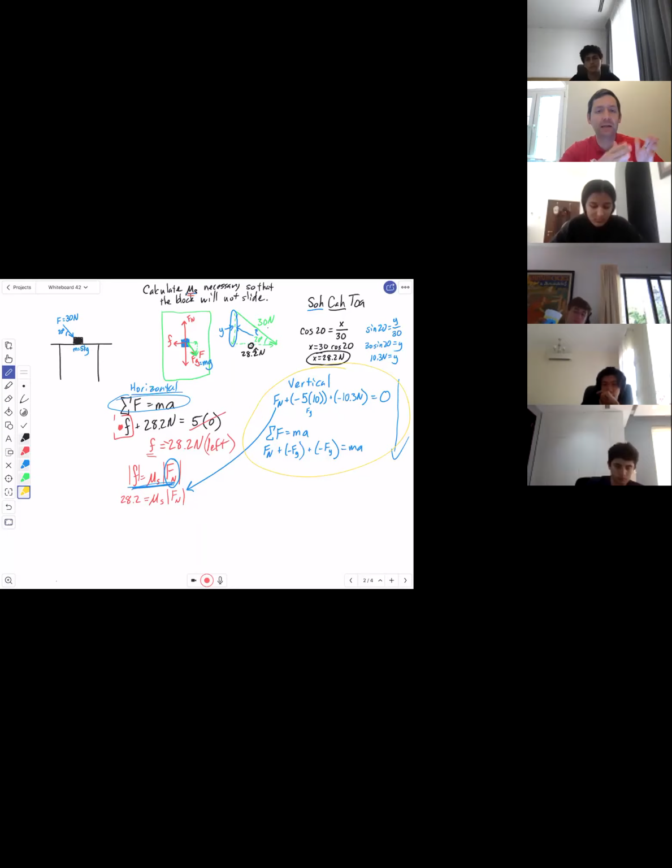And if you do it one step at a time, then it's not as overwhelming as from the beginning saying, oh my gosh, I got to do all this stuff. On a celebration, part A would be draw the free body diagram. Part B would be find the force of friction. Part C would be find the normal force, right? Part D would be find the coefficient.